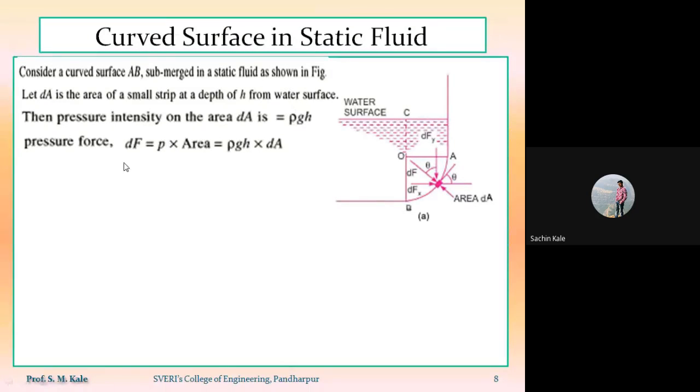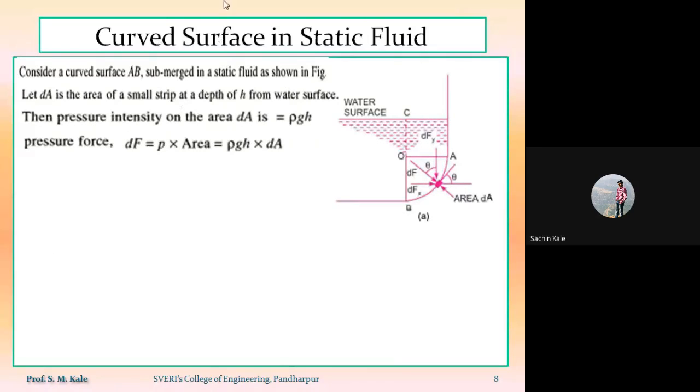And if I want to calculate the pressure force acting on a small area dA, pressure force is nothing but pressure intensity into area. So pressure intensity is rho g h, and area is dA. So rho g h into dA is the pressure force acting on a single elemental area dA.